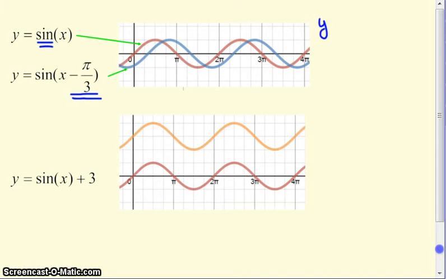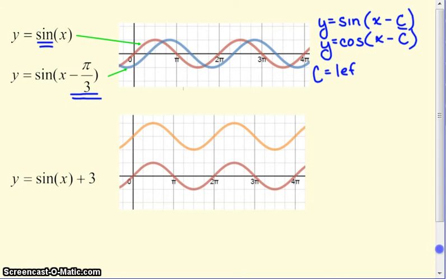So in terms of a generic equation, this would look something like sine of x minus some number that I'm calling c, because I've already used a and b. Could also be the same if I'm subtracting c within the cosine of x function. That number c represents a left-right shift.